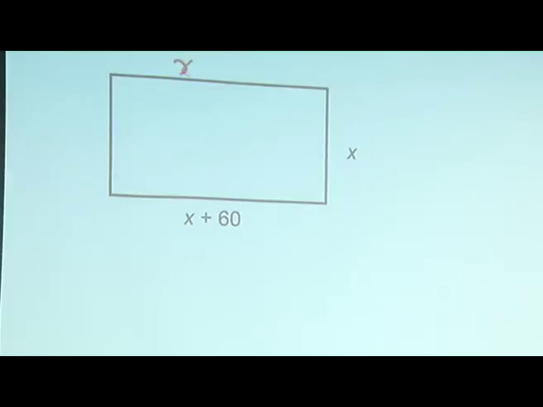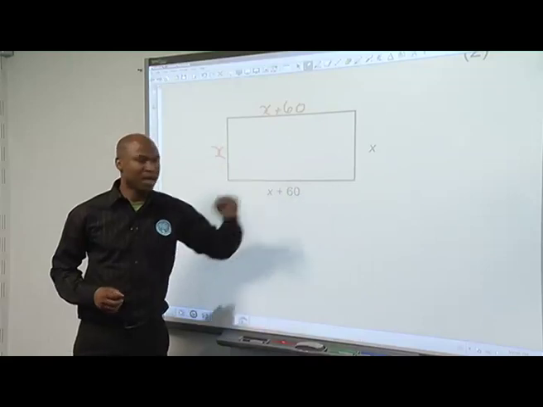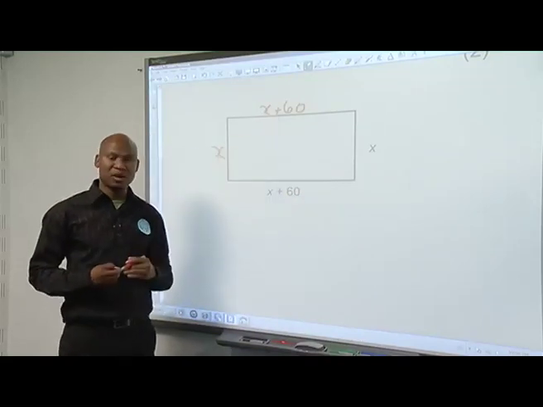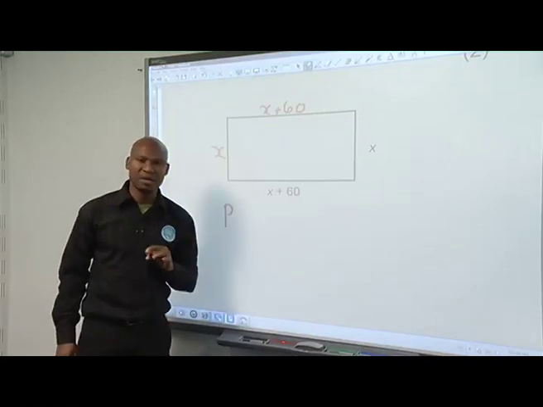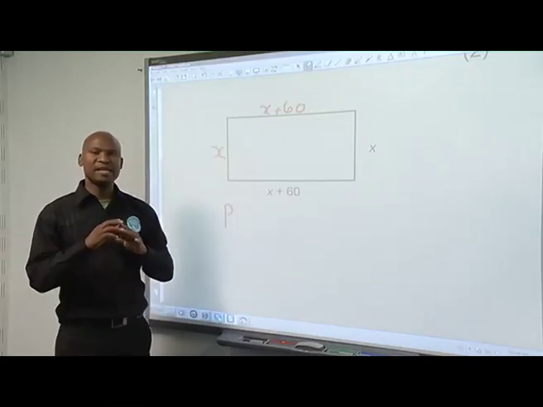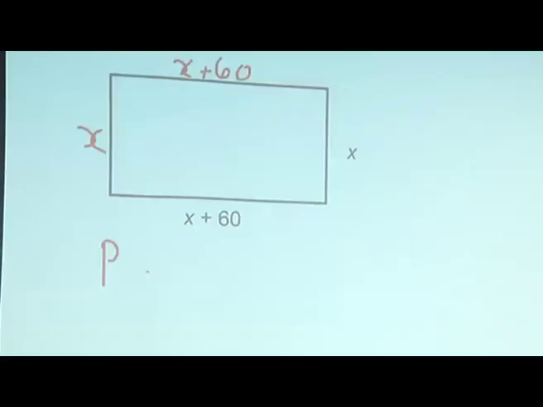This part is also x plus 60, and this part is also x, because these two are equal and these two are equal. That is what you need to remember. Generally, the perimeter of a rectangle is width plus length plus width plus length.